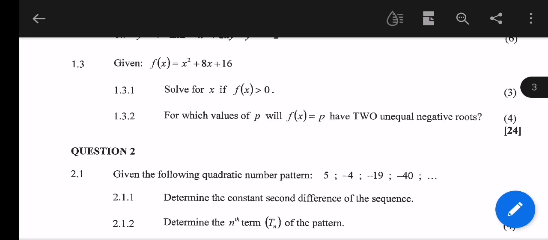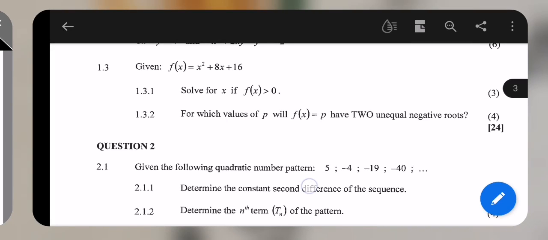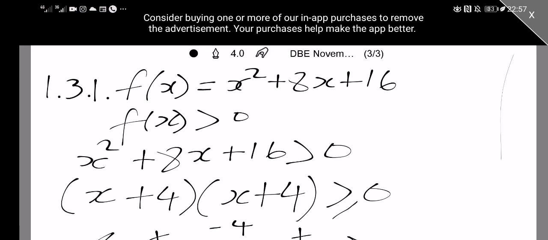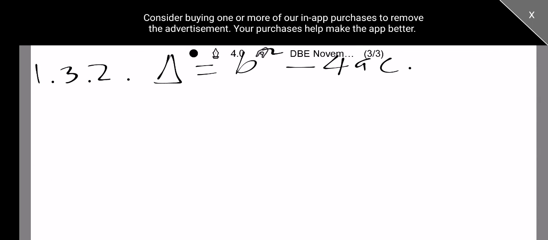Now, to have unequal and real roots, what should delta be? Delta should be greater than 0, but it shouldn't be equal to 0, because if it's going to be equal to 0, it means that your two solutions are going to be equal.